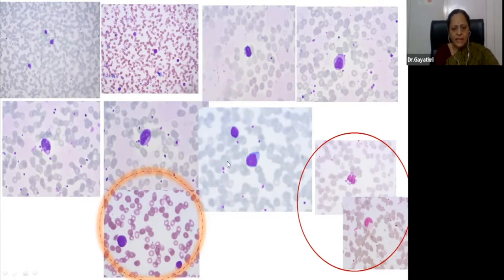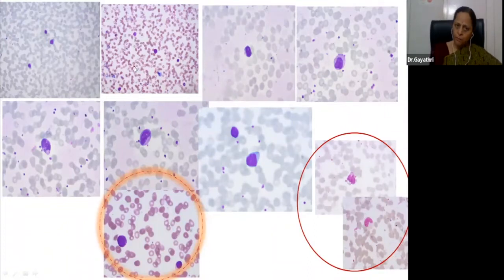If you take this as one representative field, you see that there is one cell here. This is at a very low magnification. This is at an even lower magnification. This is 10x here. And in these many cells, which are all WBCs, all agranulocytes, there is a variation which is quite significant.